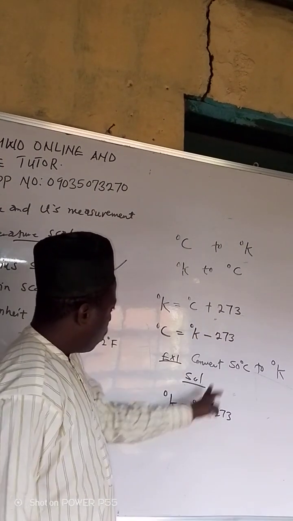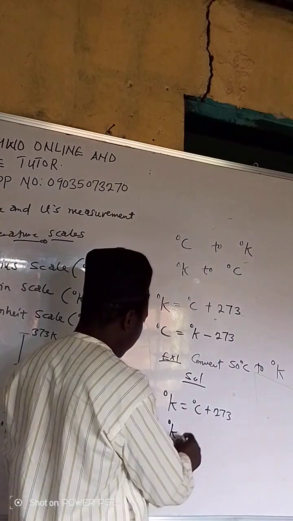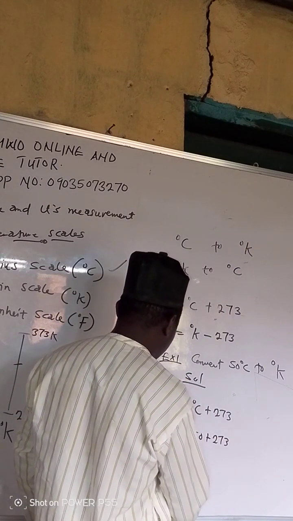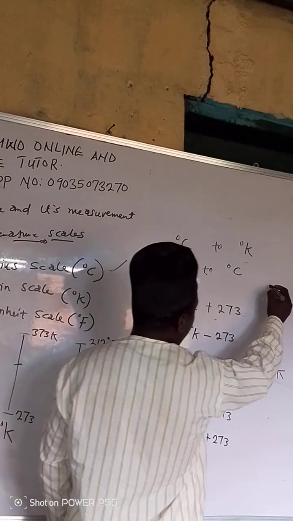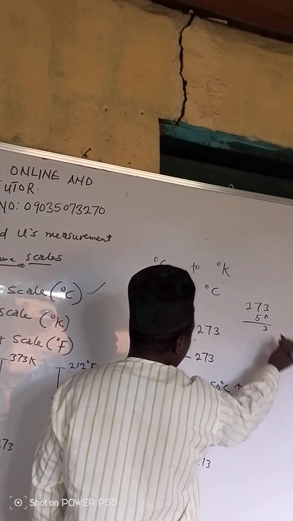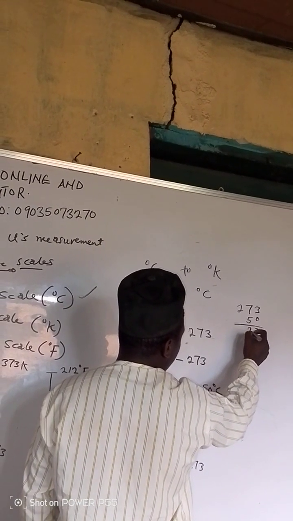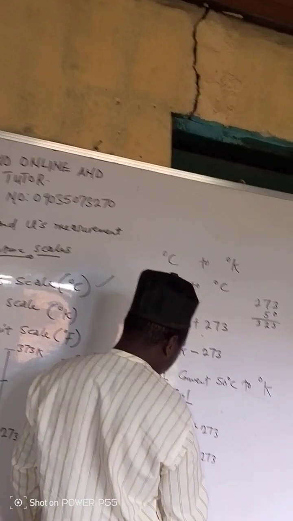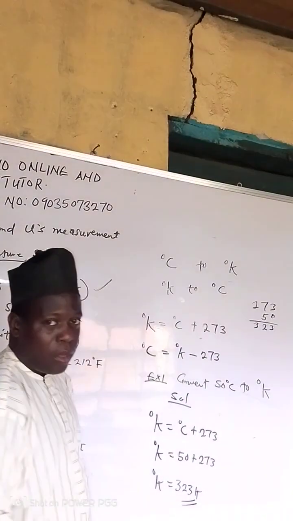What we have been given for degree Celsius is 50, so degree Kelvin is equal to 50 plus 273. 273 plus 50: 0 plus 3 is 3, 5 plus 7 is 12, remove 1, 1 plus 2 is 3. Our answer is 323 Kelvin.